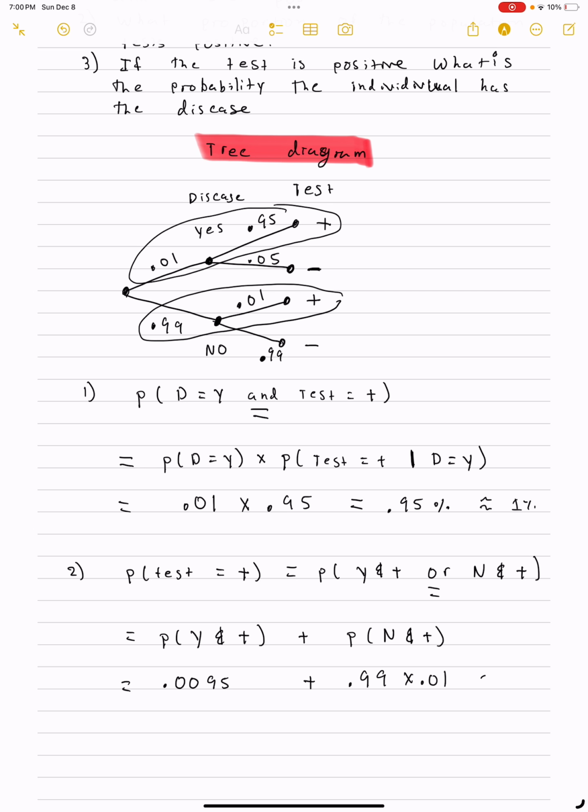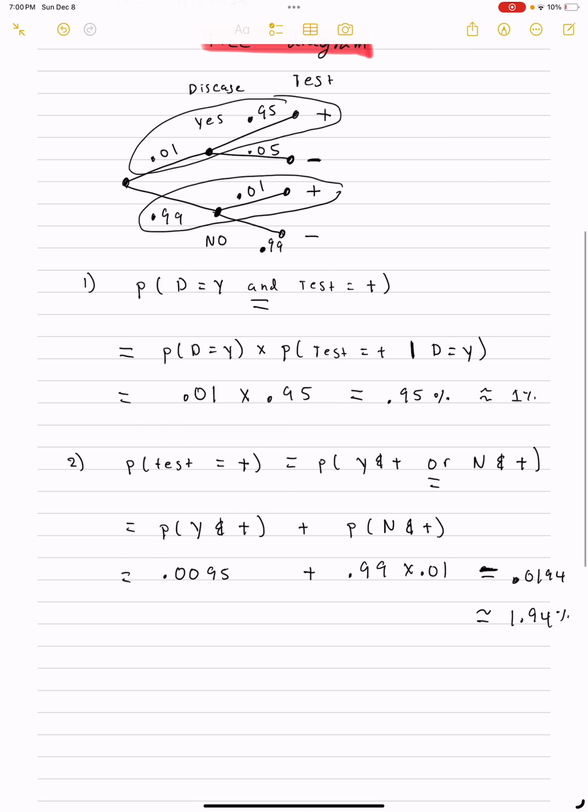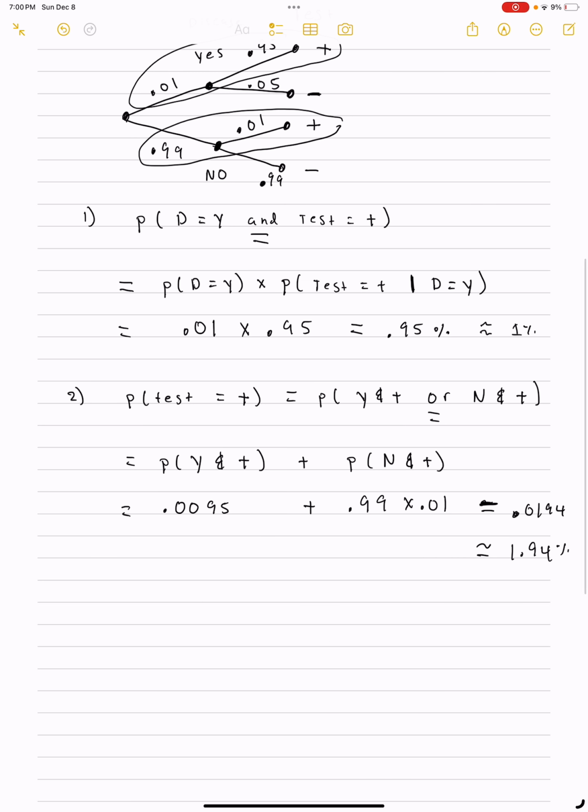And when you add these two together, you're going to get 0.0194. And that's actually an equality, which is about 1.94% of the population. Okay, so about 2% of the population tests positive, and only about 1%, 0.95 of a percent, actually have the disease. Okay, so that's a little bit alarming.